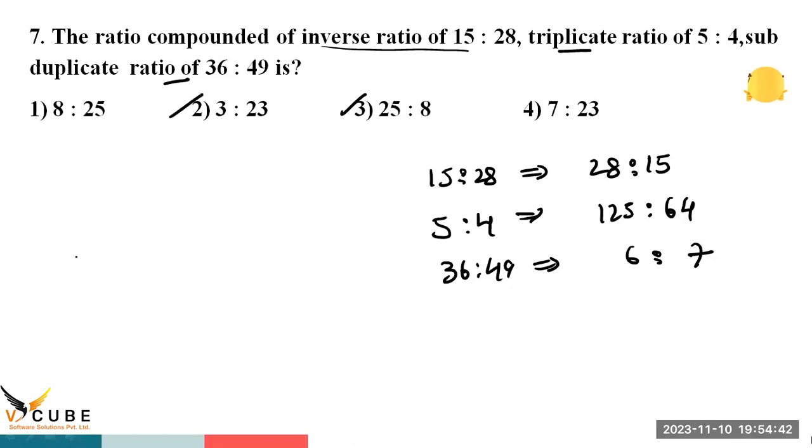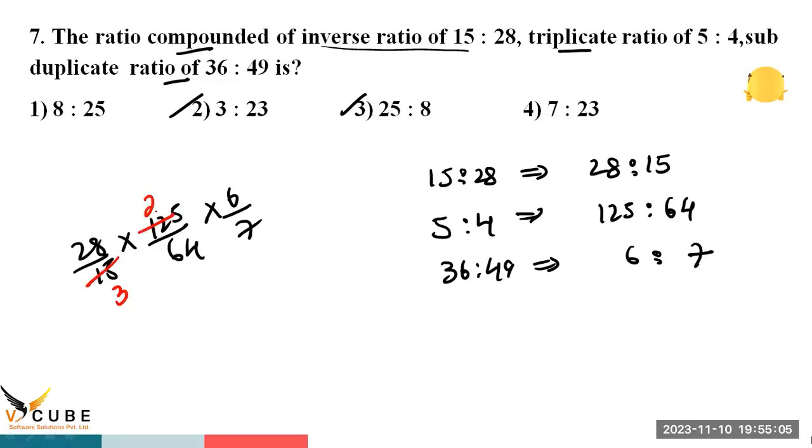Somebody is saying option 2, let's check, no issue. Here they said compounded, which means 28/15 into 125/64 into 6/7. Let's calculate simply. Somebody is saying option 3, no issue. Let me check. 5 3s are 15, 5 5s are 25.